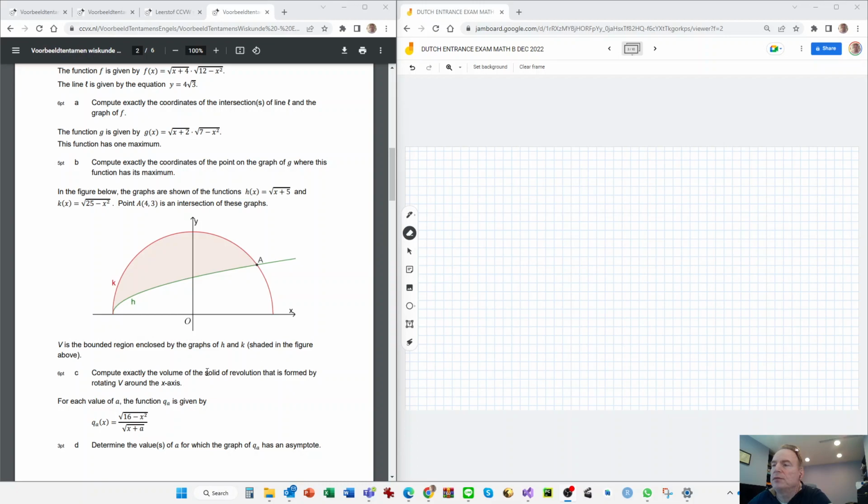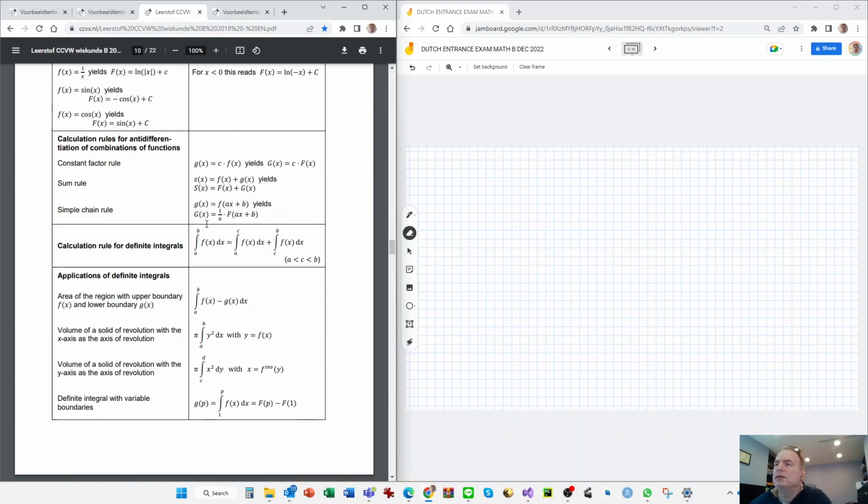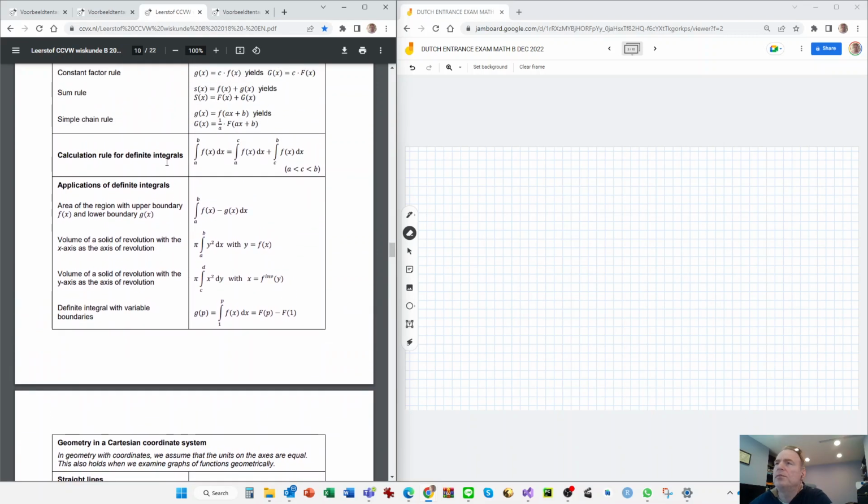Compute the exact volume of the solid of revolution that is formed by rotating V around the x-axis. So basically, if you rotate this whole thing around the x-axis, you get a certain volume. It's called omwentelingslichaam in Dutch, and it's part of the materials you need to know on page 10.